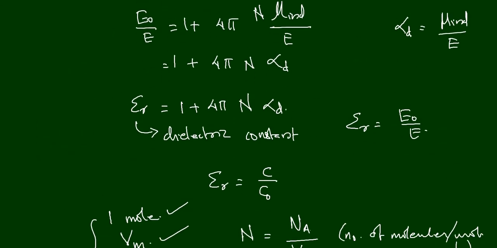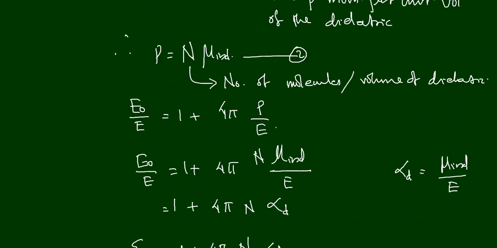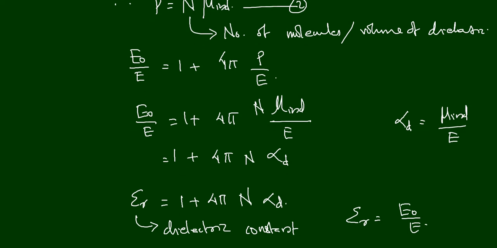What is our equation? This is our equation, which we numbered 2, and we can number this as 3 and this one as 4. So we can substitute the value of n in equation number 4.